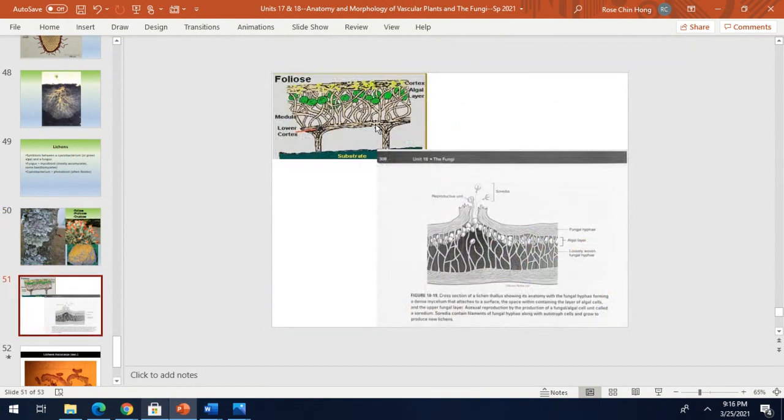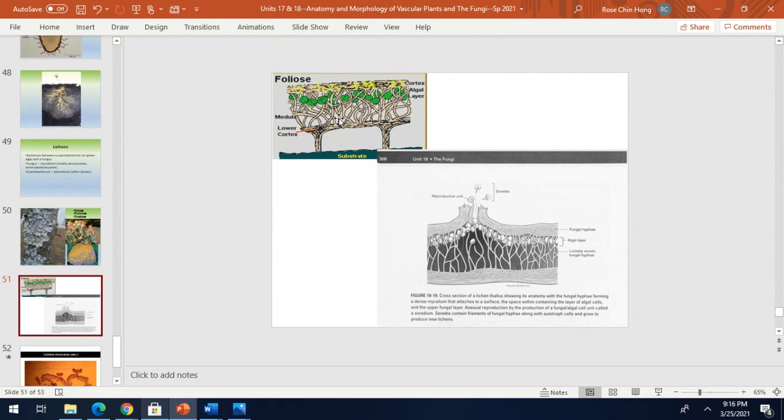And now here we have a drawing of how a lichen could be, where this is a foliose lichen. You could see the different layers, and how it is anchored to the substrate. The green part is the photobiontic one, the algal layer.